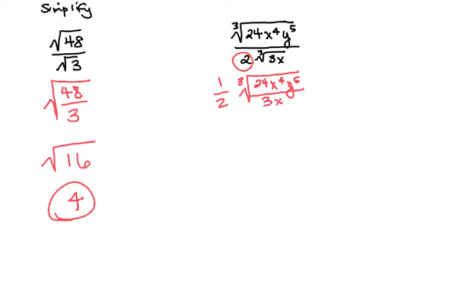So we can now use our skills with the laws of exponents, and we'll end up with 1/2 times the cube root. 27 divided by 3 gives us 8 on the top. X to the fourth divided by x gives us x cubed. And y to the fifth is just y to the fifth. And there's nothing on the bottom anymore.